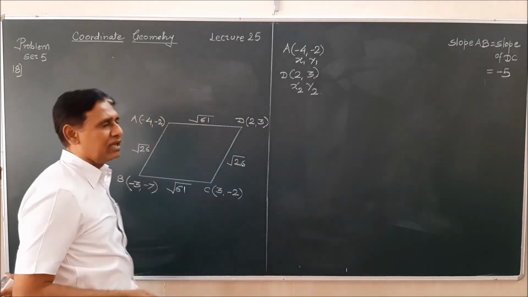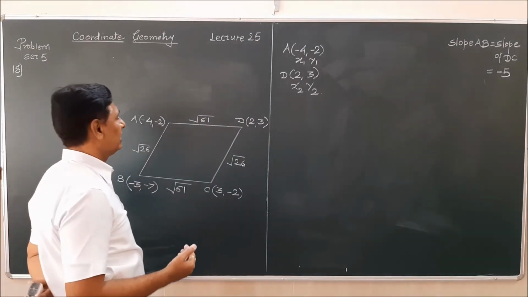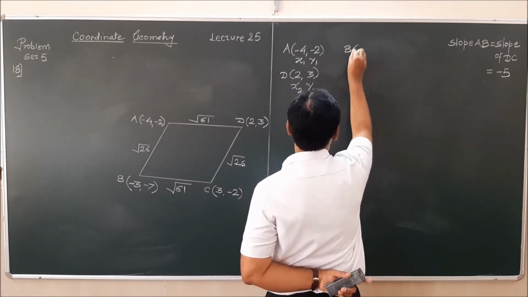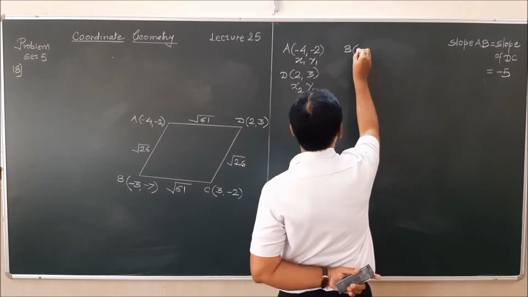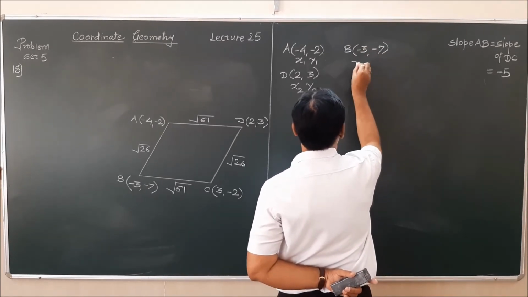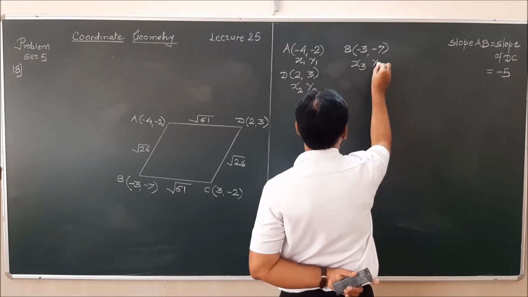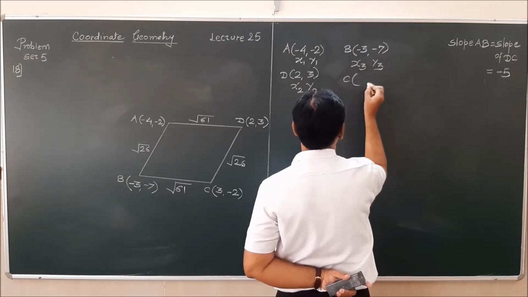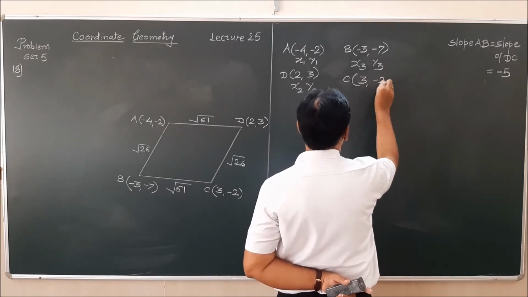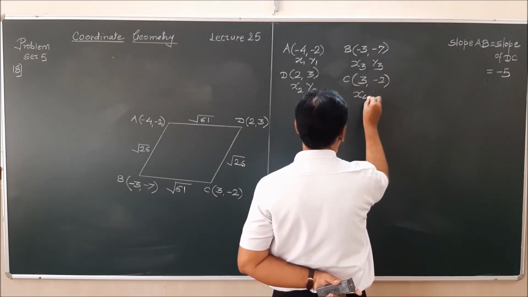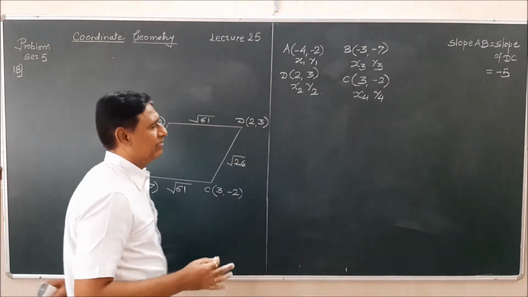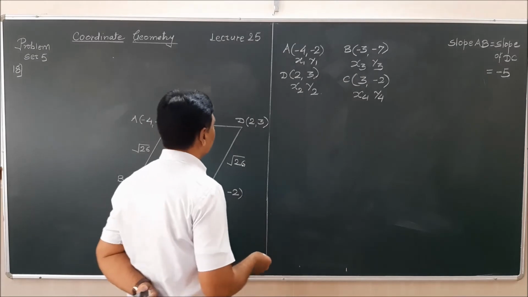This is how we got coordinates of A. Likewise BC, coordinates of B are minus 3 minus 7, call them x3 y3. And coordinates of C are 3 comma minus 2, x4 y4.